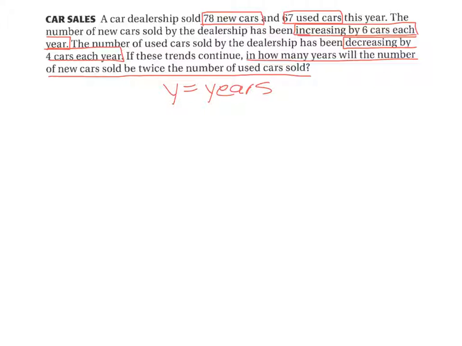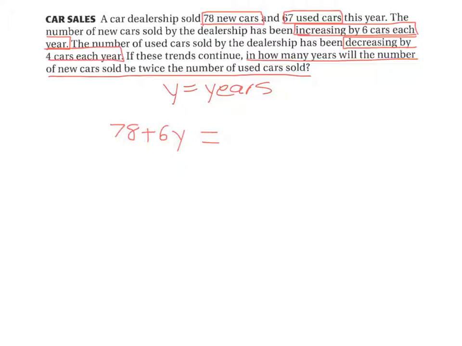So that's going to help me set up my equation. I know the number of new cars is going to be 78, because that's how many we sold this year, and that number is increasing. The new cars is increasing by 6 cars every year. So that's going to be 6 times the number of years. And remember, in our question, it says, in how many years will the number of new cars sold be twice the number of used cars sold?